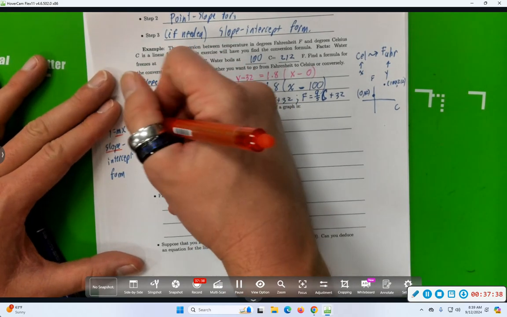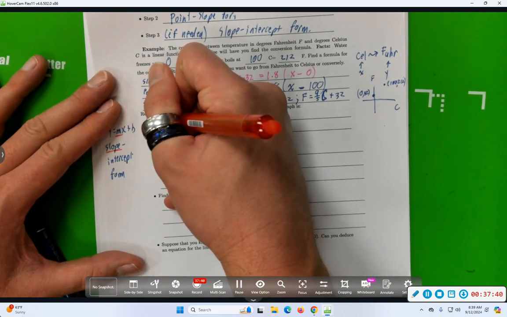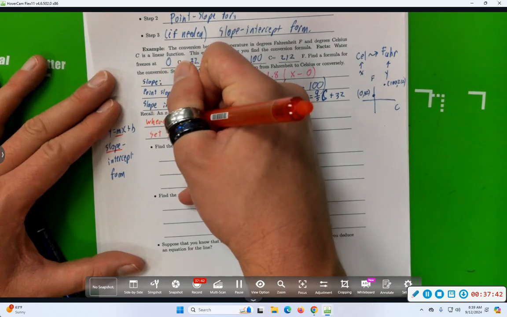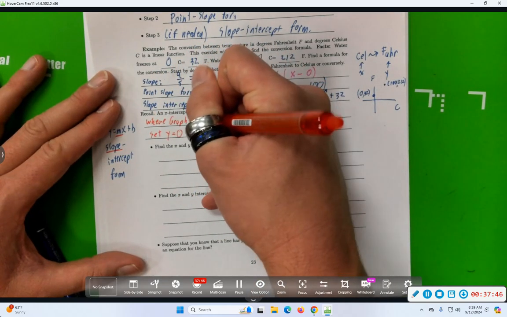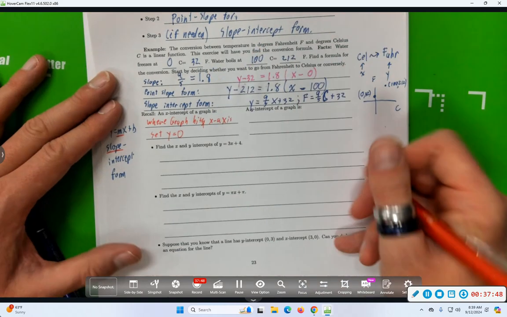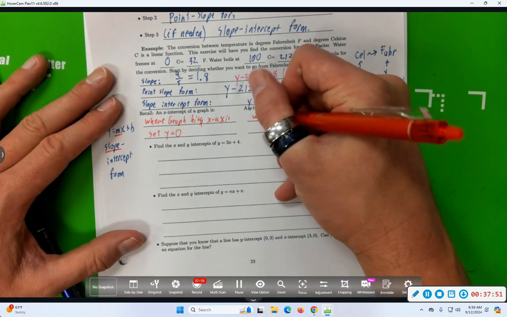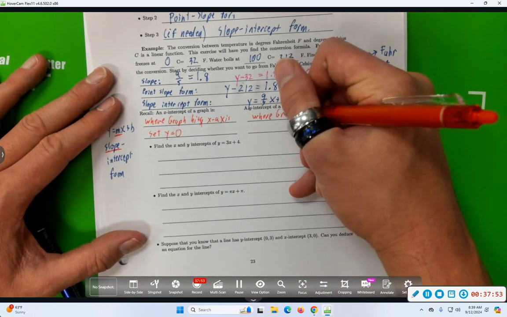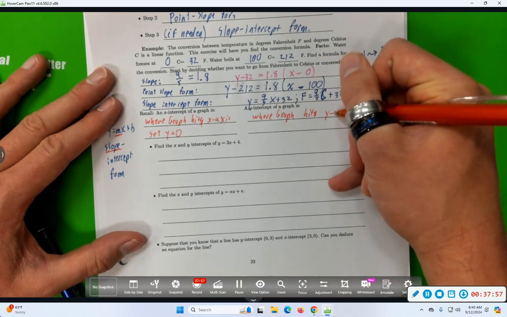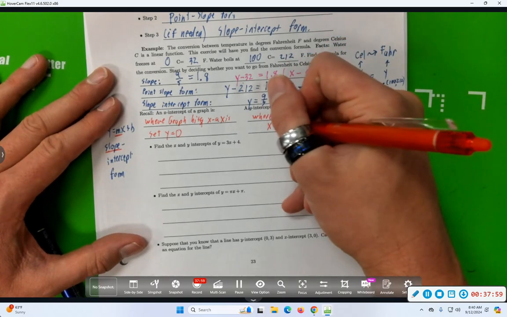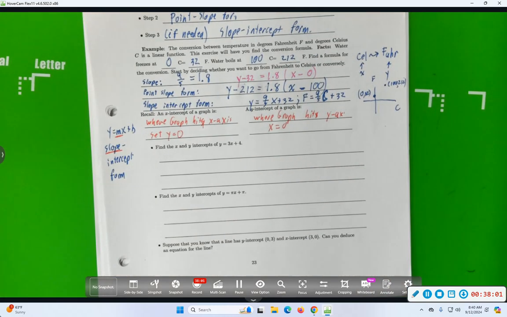That's because it is where the graph hits the x-axis. Similarly, the y-intercept is where the graph hits the y-axis, and you get that by setting x equal to 0.